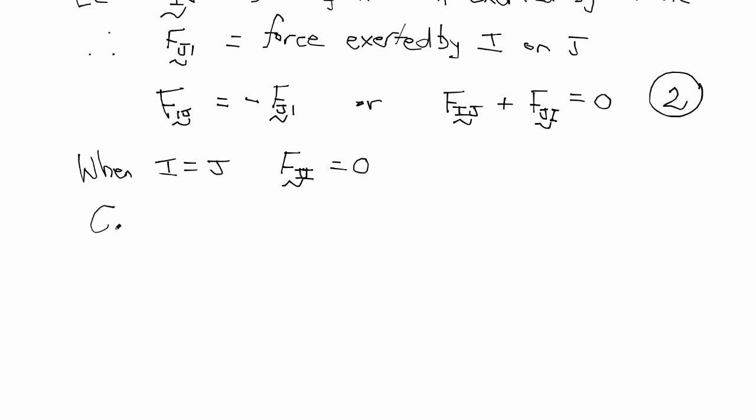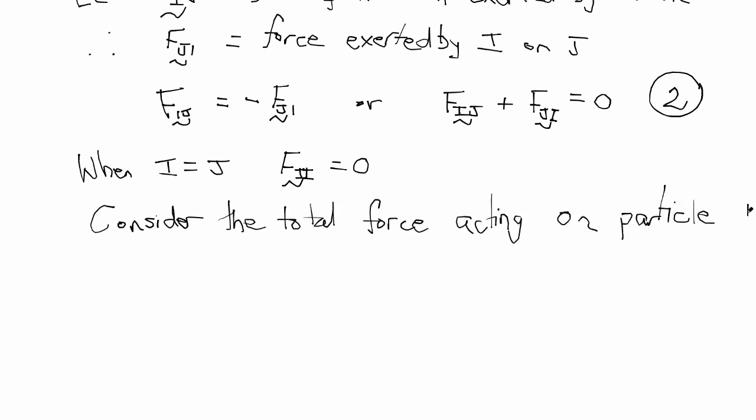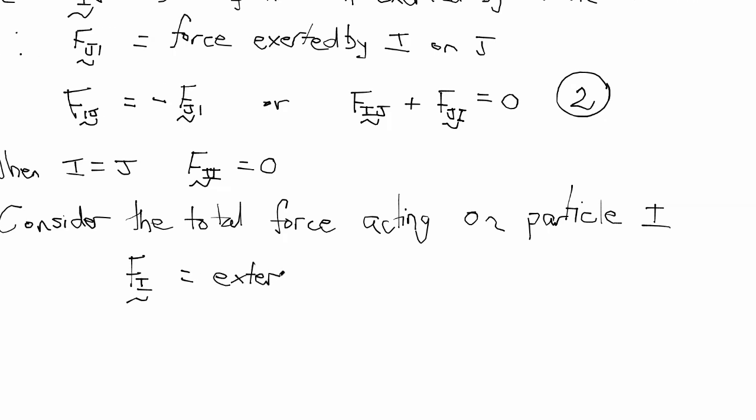Using that, let's consider the total force acting on particle i. That's not just due to one other particle, but to all of the others. So F sub i would be equal to an external force, for example gravity, plus the sum of all the interaction forces.